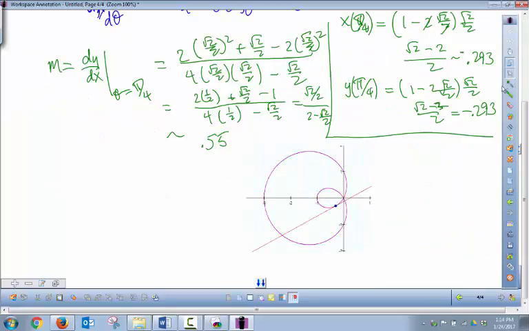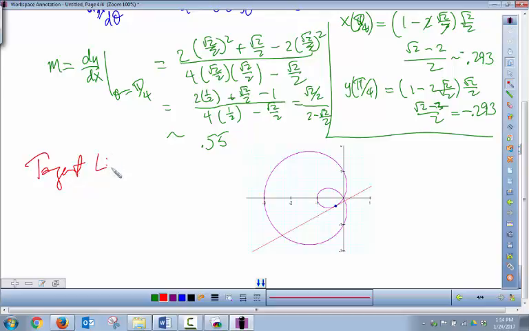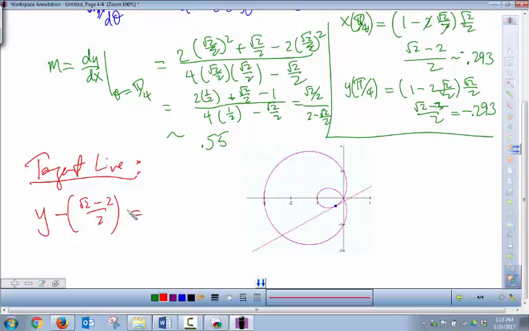So your equation, since that's what the original question was looking for, the tangent line: y minus, we can write this whole expression down, or we can just put the estimate. But if this was a homework problem, they might be looking for y equals something as the equation of the line, right? So you need to move this over to the other side.